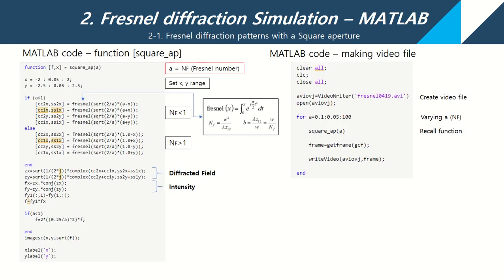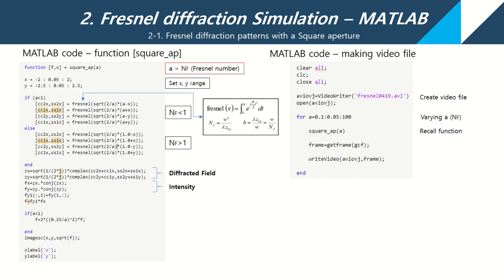Chapters 2 and 3 are about MATLAB code explanation for Fresnel and Fraunhofer diffraction simulation. First MATLAB simulation for Fresnel diffraction is a square aperture. In MATLAB, define the function named square aperture.